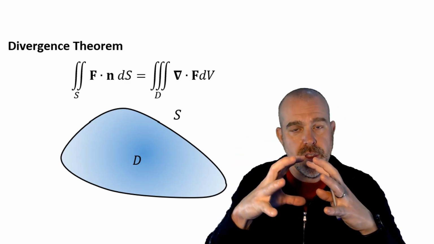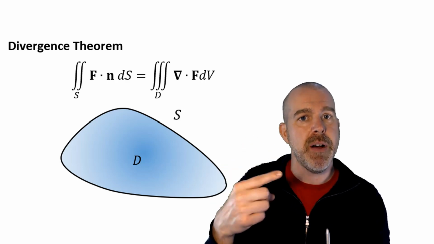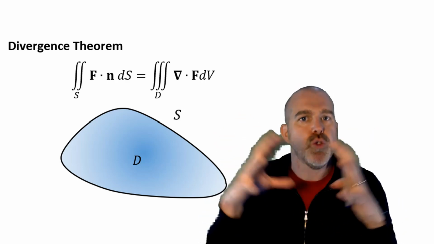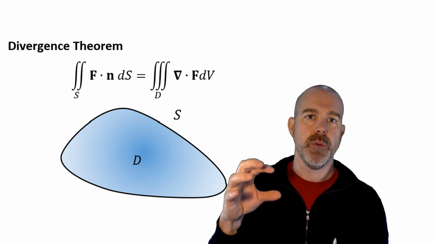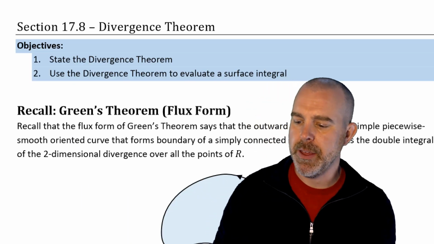So the flux surface integral, the flow across the surface, should equal the sum of the net divergence inside of it. The only way you can get flow across the surface is to add up how much is coming out of the region. And so that is the main idea here.